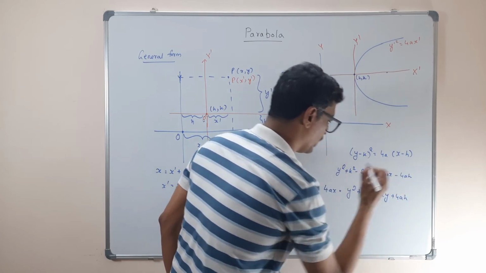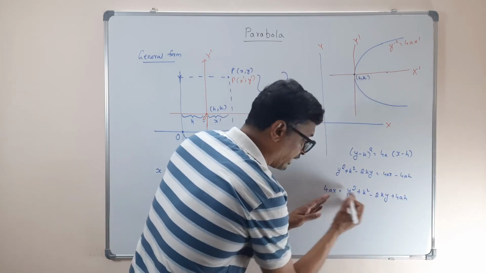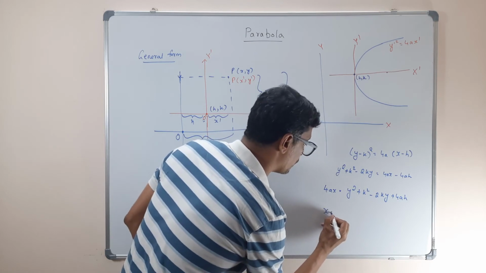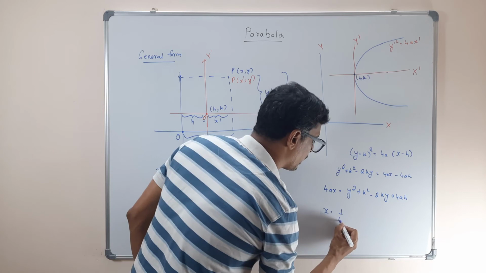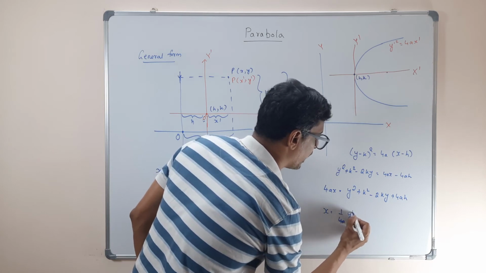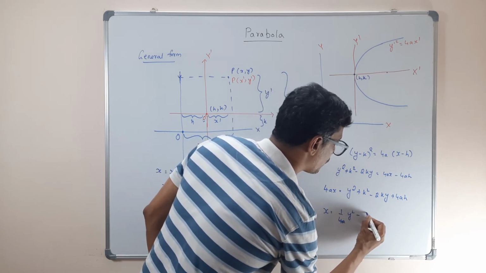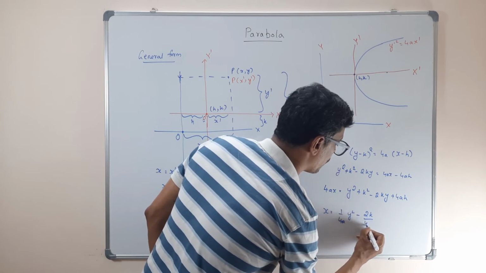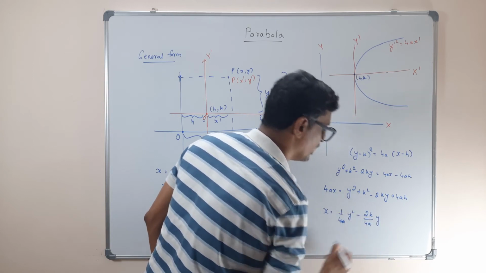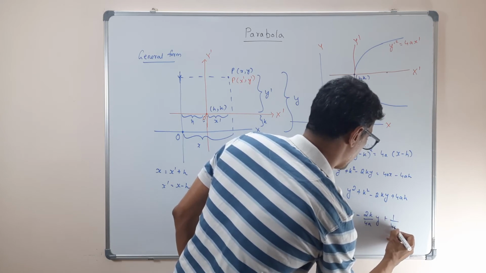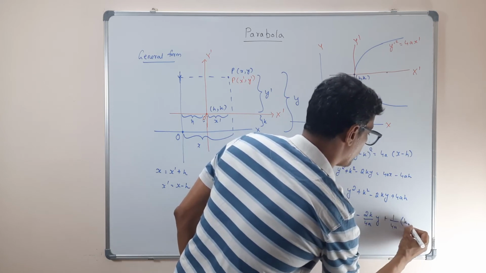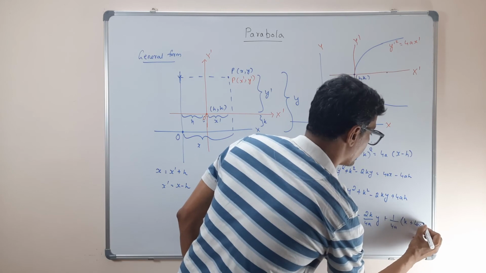Let me take 4a here. So x is equal to 1 by 4a y square minus 2k divided by 4a y, then plus 1 by 4a into (k square plus 4ah), right?